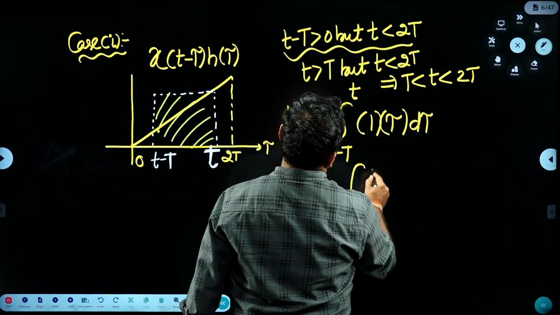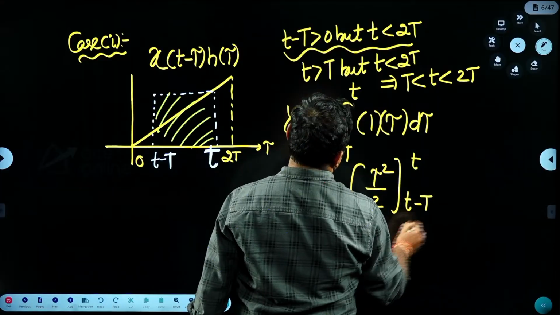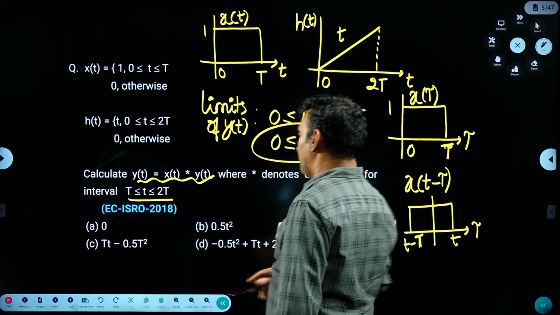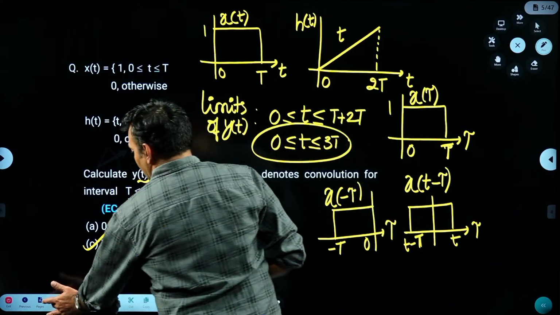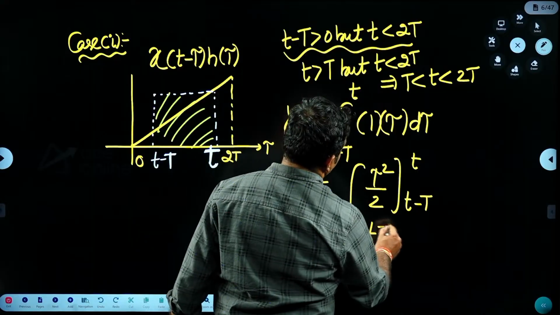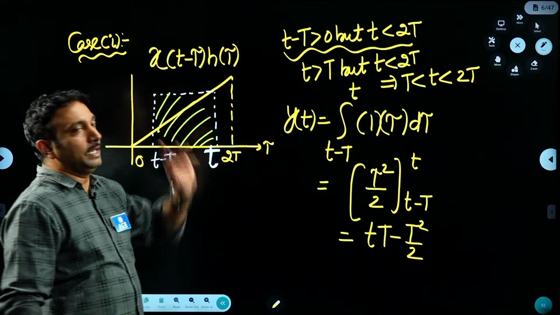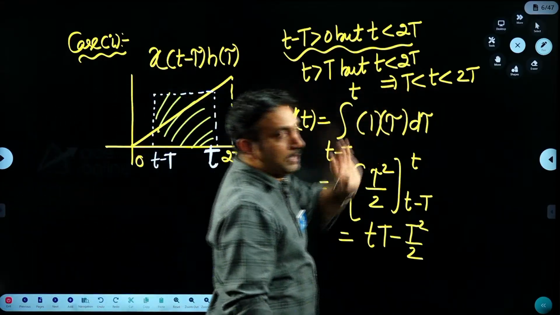So this is like tau square by 2. When you substitute the limits, it simplifies to tT minus T square by 2. That is the output answer for the range capital T to capital 2T.